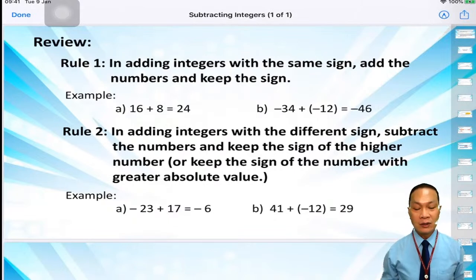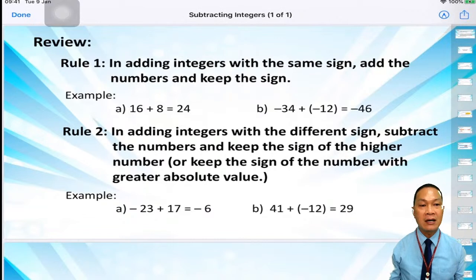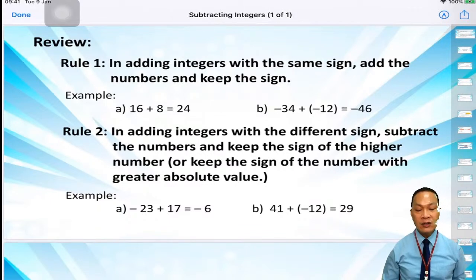Okay, so let's start. Let's have first a review of our past lesson last week. We studied about addition of integers, adding integers with the same signs, and adding integers with different signs. So we have the rule in adding integers with the same signs: add the numbers and copy the sign.